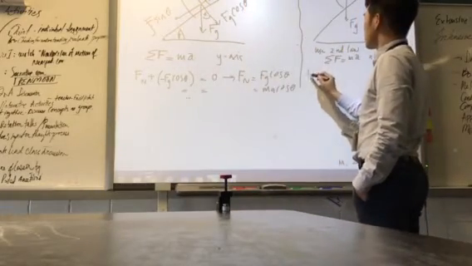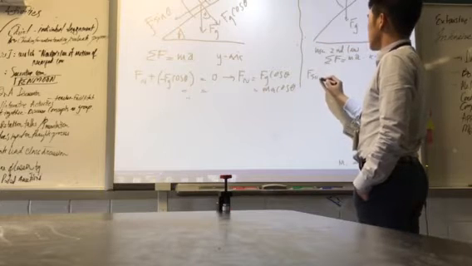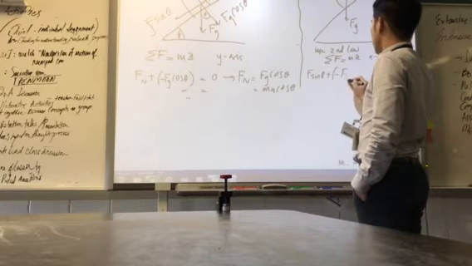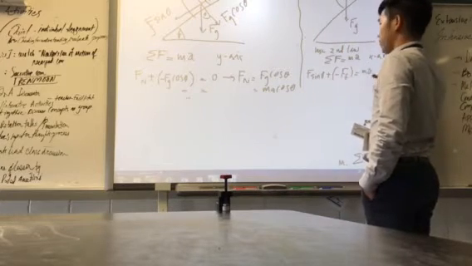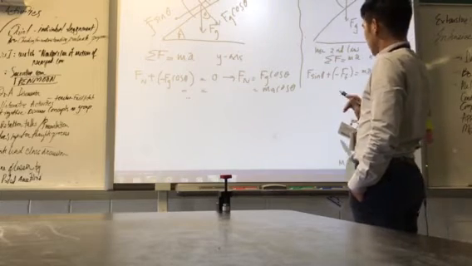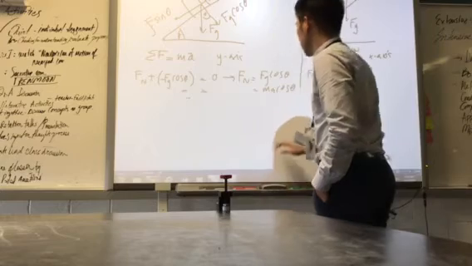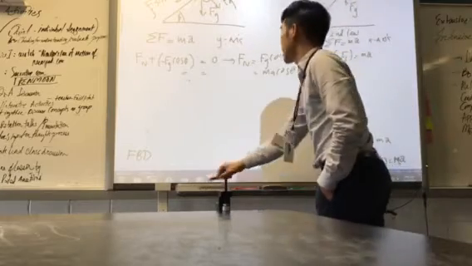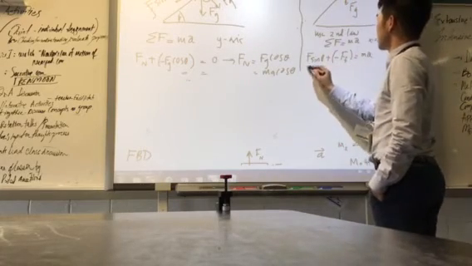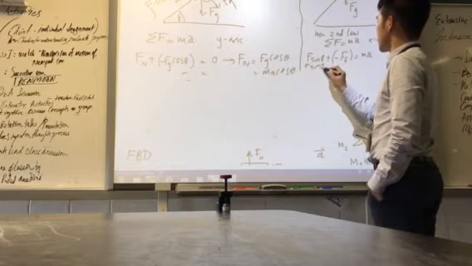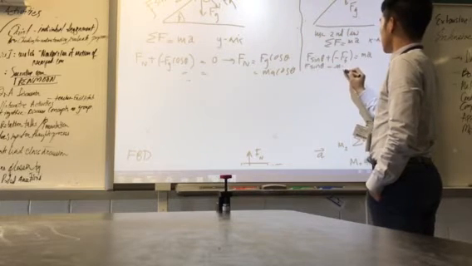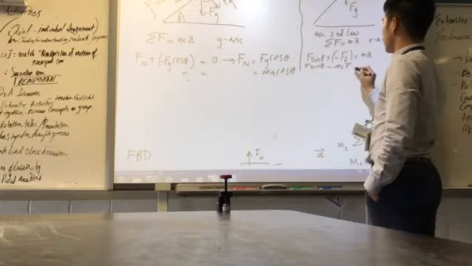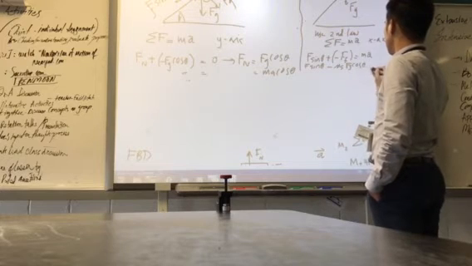So that would be Fg sine theta minus the force of friction is equal to ma. Then I'm going to label the other forces: Fg sine theta minus mu Fn, where Fn is Fg cosine theta, is equal to ma.